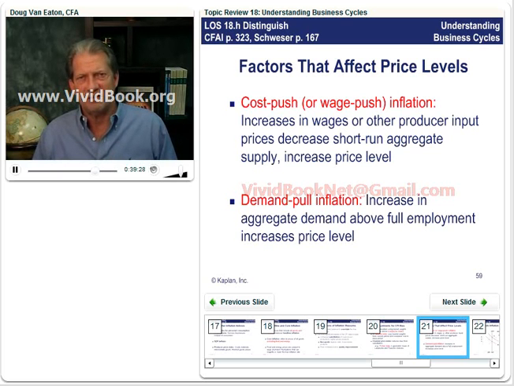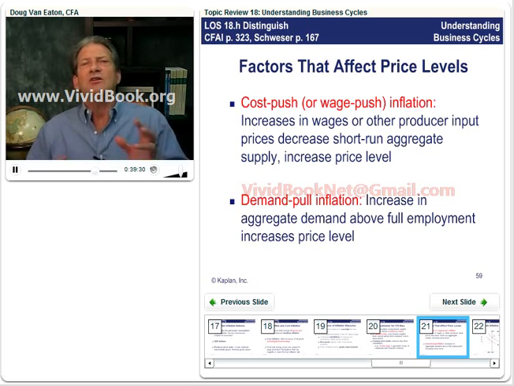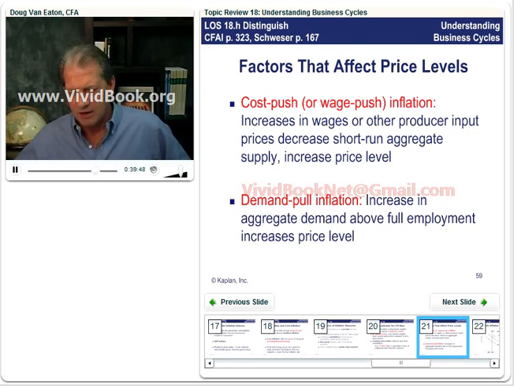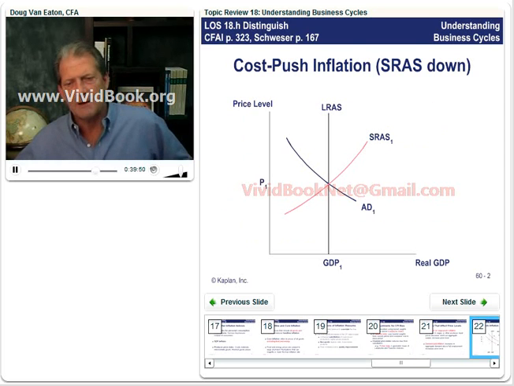Demand-pull inflation, we get aggregate demand. We increase it. So we've got a short-term equilibrium above full employment, then that's going to put upward pressure on wages and other input prices, etc. So let's take a look at how this looks on our aggregate demand, aggregate supply graph.